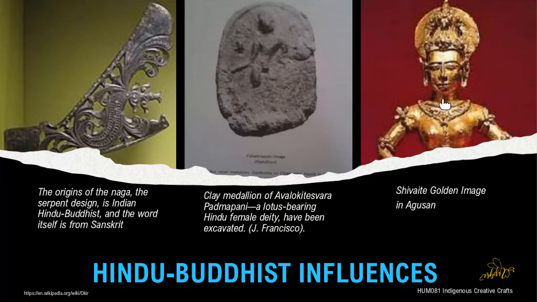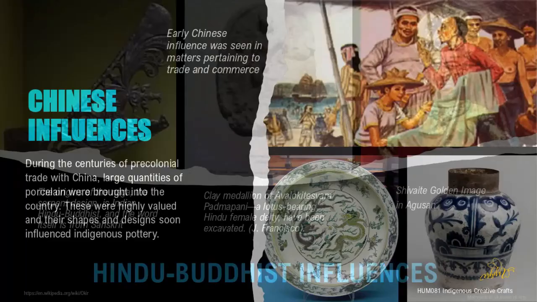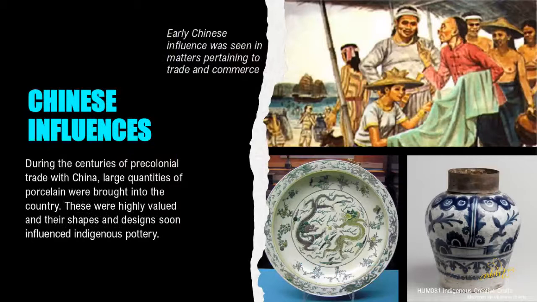We are more of the nature loving or nature worshiping people. So the Shivaite image here worships Shiva. Now Shiva is one of the triumvirate gods in the Hindu tradition, and considered as the god of destruction. And then, of course, we cannot discount the Chinese influence.